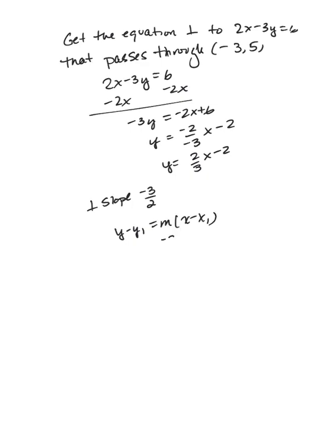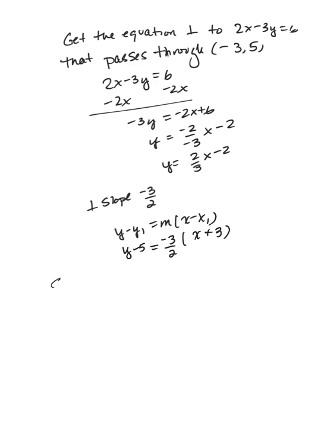I take the perpendicular slope, I substitute that in. I substitute in x1, which is -3, and y1 is 5. Okay, so that's what I get. And if you want the slope intercept, just distribute -3 halves and add 5.